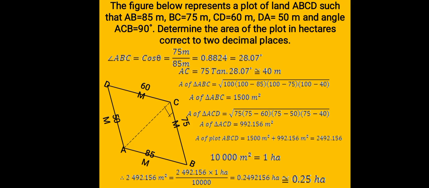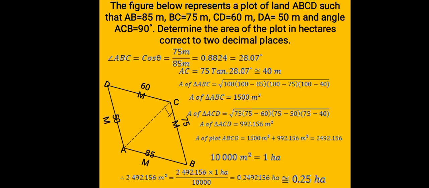All the result of all this, we get the square root, which means that the area of triangle ABC is 1,500 meters squared. We do the same for the triangle ACD, and we get its area to be 992.156 meters squared. We add the 2, we get the area of the whole figure ABCD.